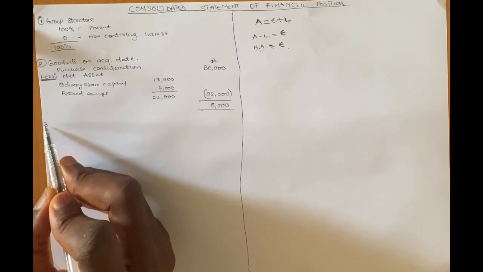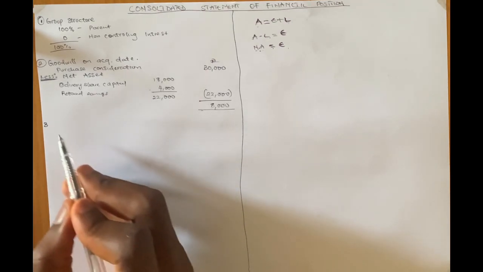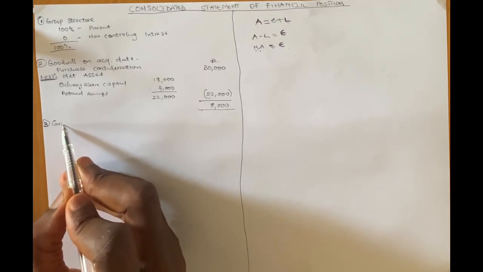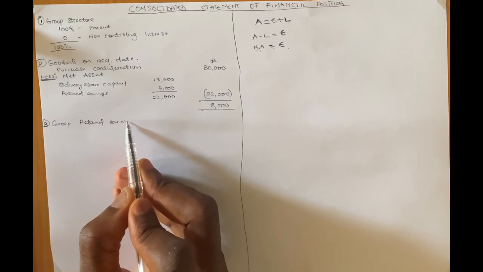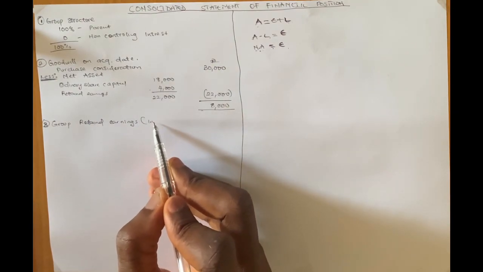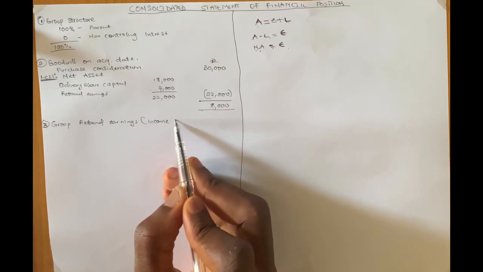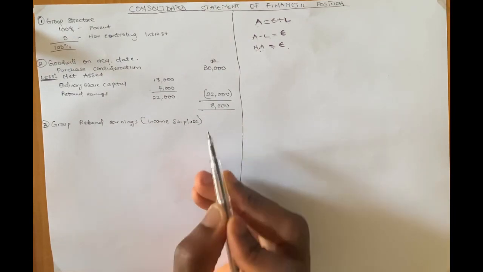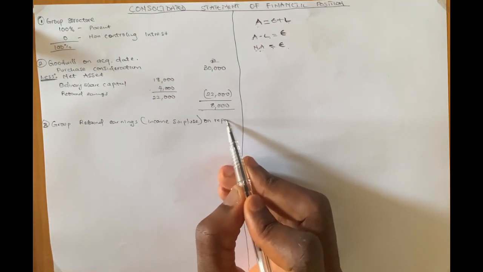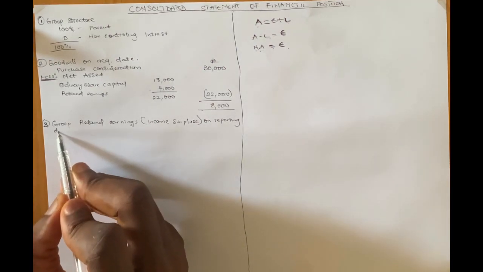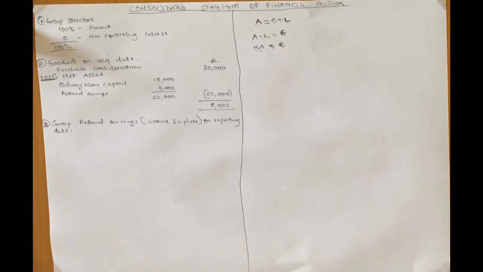Now we move to number 3, which is group retained earnings, or income surplus, on reporting date. In this question, we don't have an issue of reporting and acquisition dates, because the date of acquisition is also the day the account was reported.